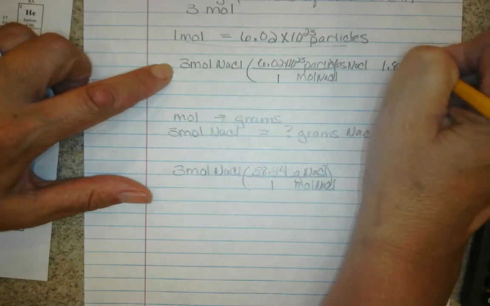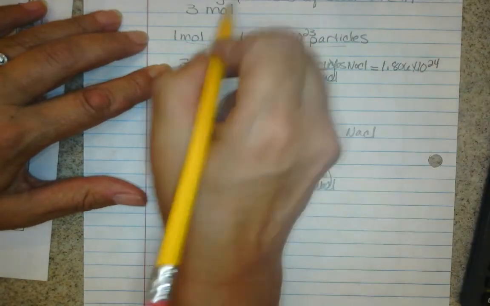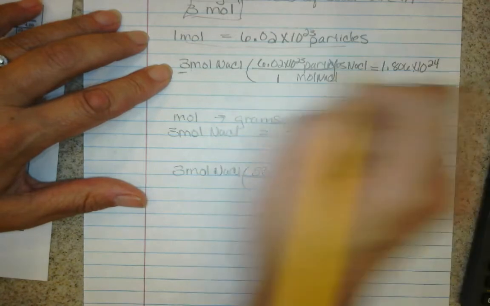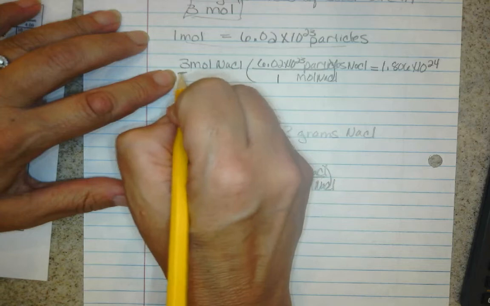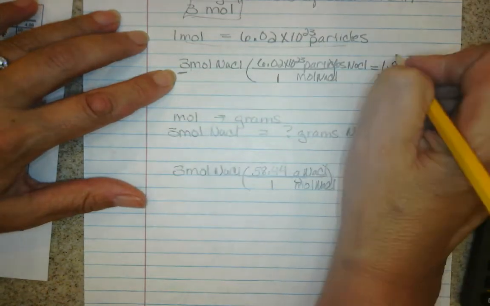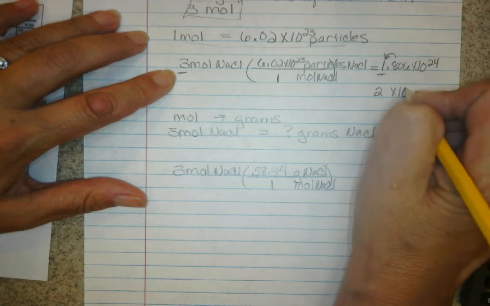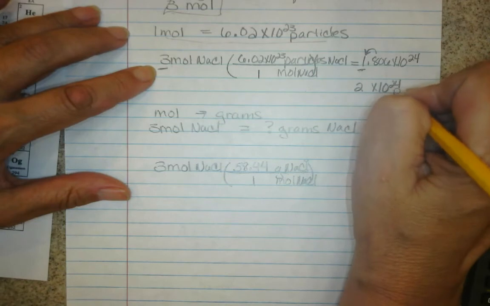Okay, now we always look at what my given is to figure out sig figs. That's 3 moles, so that only has 1 significant figure. I underline my 1. Does my 8 round it? Yes, it does. So that would be 2 times 10 to the 24th particles of salt.